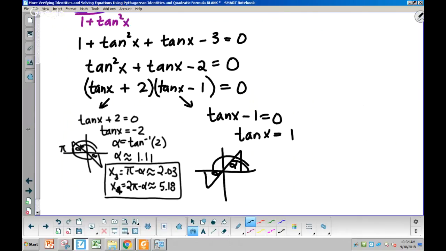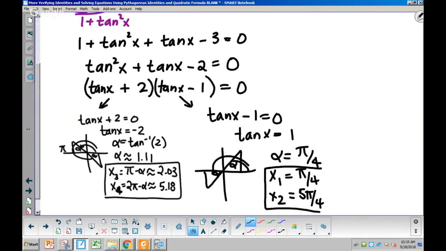Where is the tangent equal to 1? 45 degrees. Okay, we're in radians, but I heard pi over 4, I heard 45, I heard them both. So we want the 45-degree angle in radians, which is pi over 4, yes. And the good news is x1 is going to be pi over 4, and x2 will be the third quadrant pi over 4 angle, which is 5 pi over 4, yep.